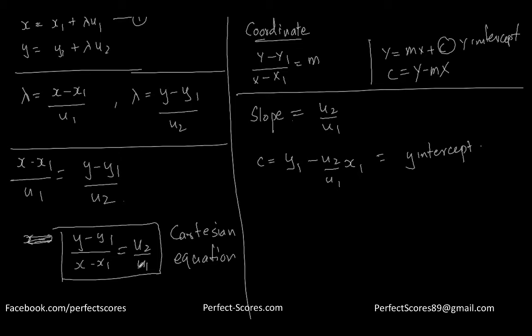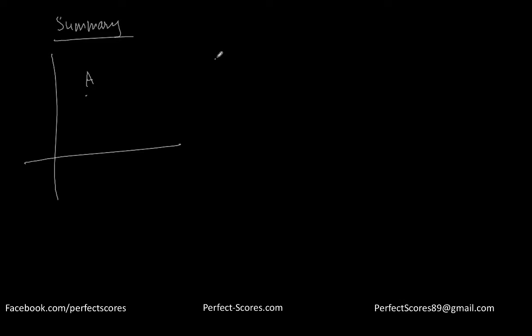Now let's go ahead and do a question on this so that you're able to understand it. But before I do this, I'm just going to summarize what I just did. The summary is that if you have a vector AB, let's suppose this is A and this is B, the vector AB is going to be u1 and u2. Vector A is going to be equal to x1 and y1.